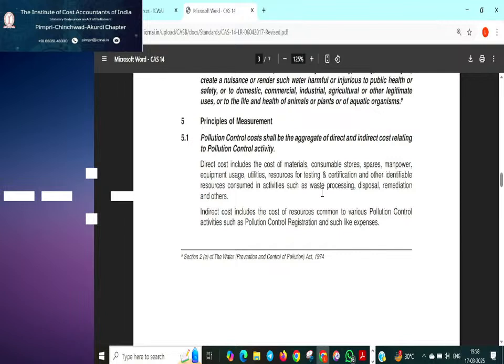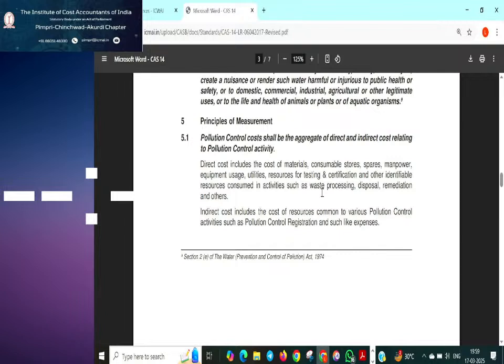For example, in case of sugar and distilleries, there is always a water treatment plant which is treated as a utility, and this water treatment plant has a separate cost sheet being prepared. So what does this water treatment plant have in its cost sheet? You may be using the equipment through which the water is disposed and treated.